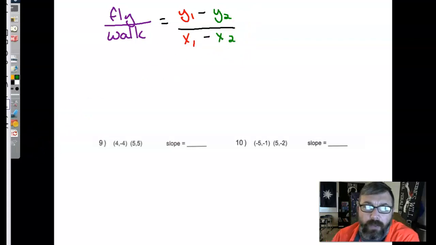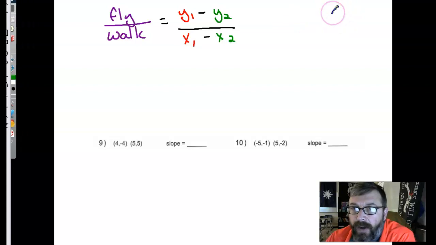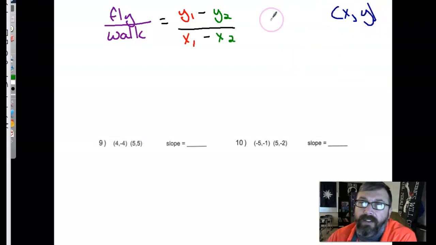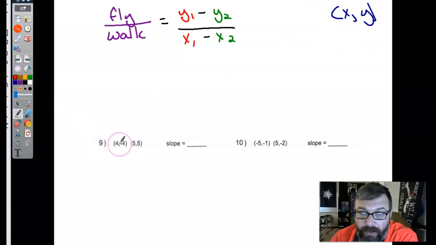And just so that we understand what's going on, xy is how we define these, x comma y. And because our Cartesian coordinates will always be xy, we do have 2 points.